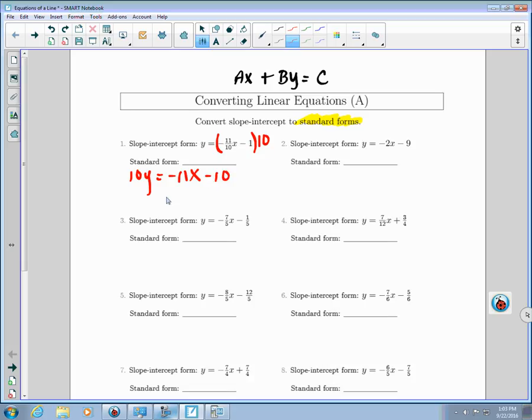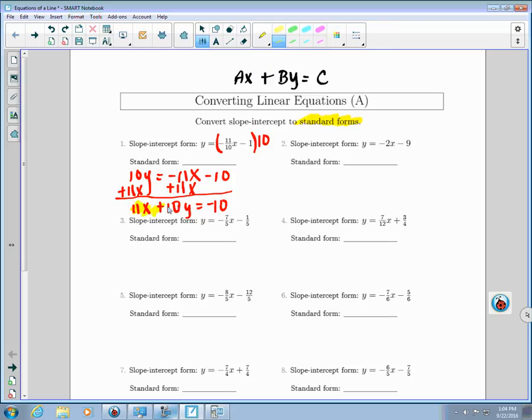Negative 10. Now over here, what do I have to do? Plus 11x on both sides. So what's my standard form? 11x plus 10y equals negative 10. There you go.